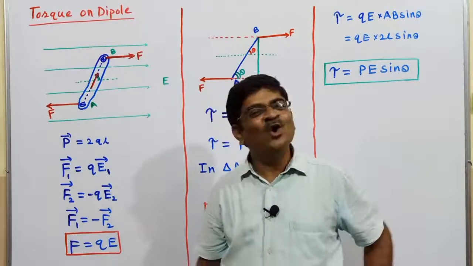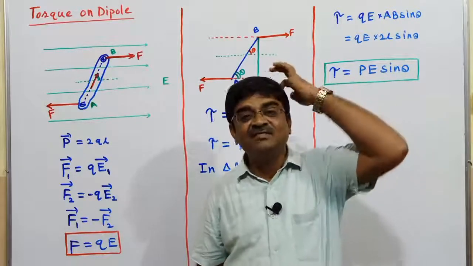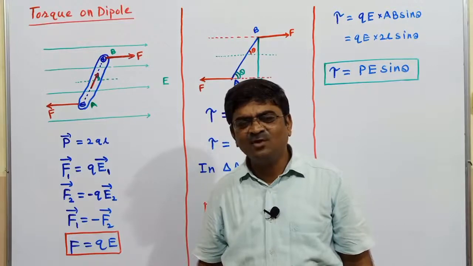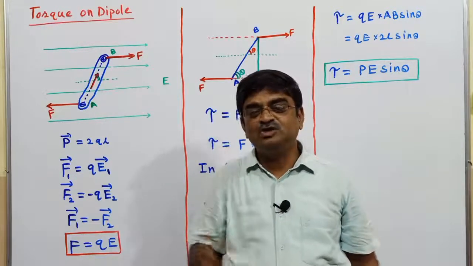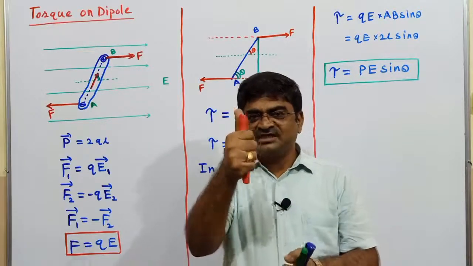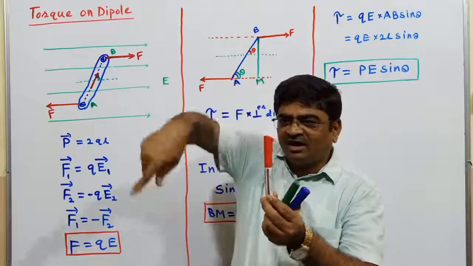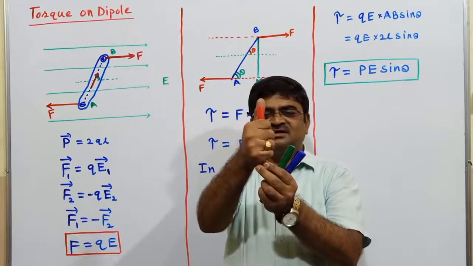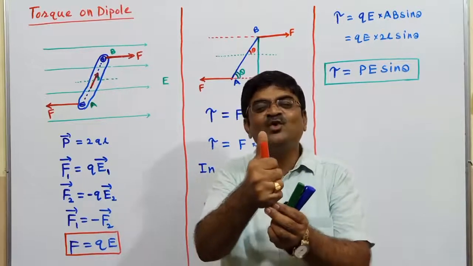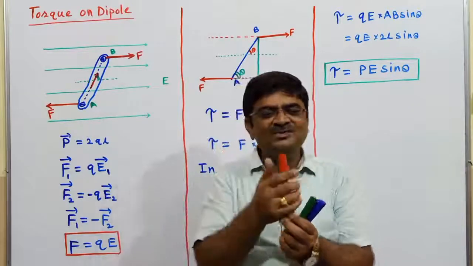The direction of all these axial vectors, right now dealing with torque, is given by the right hand thumb rule. What is that rule? It says you need to hold the axis of rotation in your right hand in such a way that the curling of the four fingers represents the sense of rotation. Then the stretched thumb gives you the direction of the axial vector, at present the direction of torque.